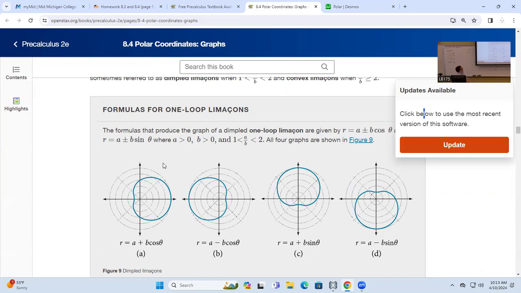So we get a visual indentation when the ratio between a and b is between 1 and 2. Okay. We call these one loop limaçons when we have this one loop because we just have an indentation essentially.